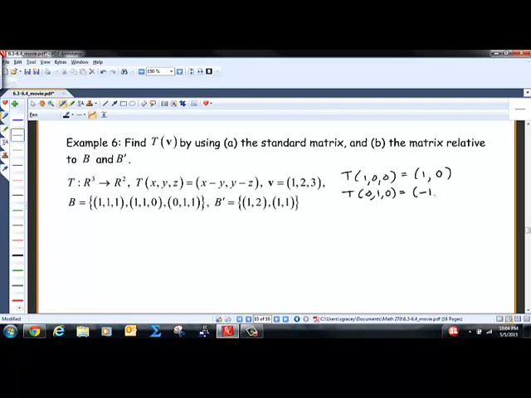Good, we'll have negative 1 and 1, and then T at 0, 0, 1 will give us 0 and negative 1. Okay, so far? So what does that tell us? That tells us that A prime, so we'll list it over here, is equal to this matrix here. So this is the standard matrix for this particular linear transformation.